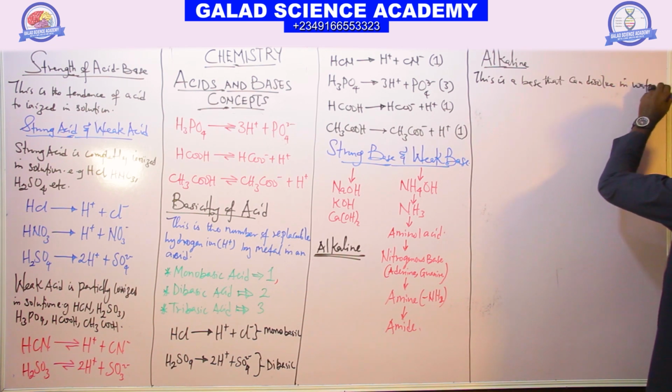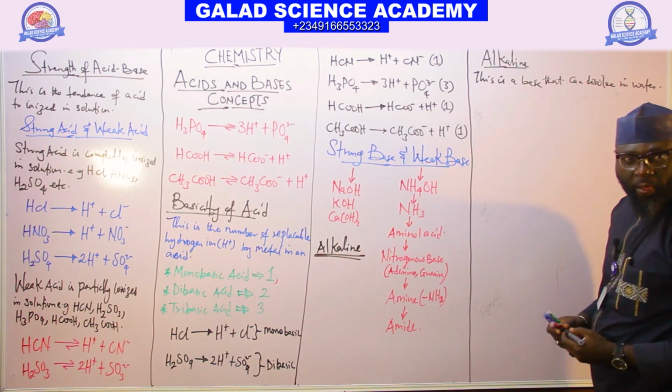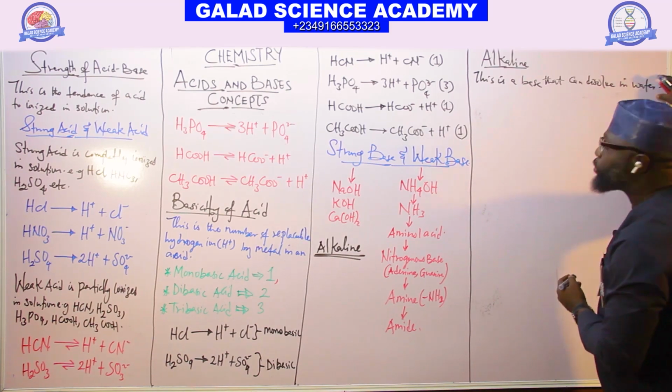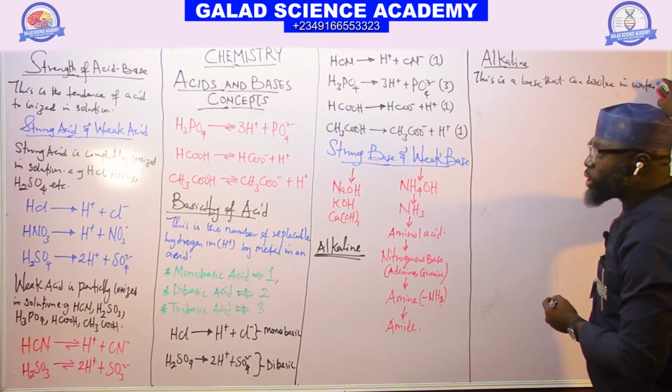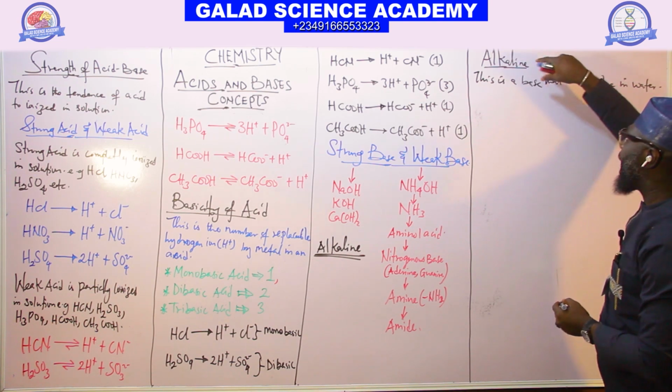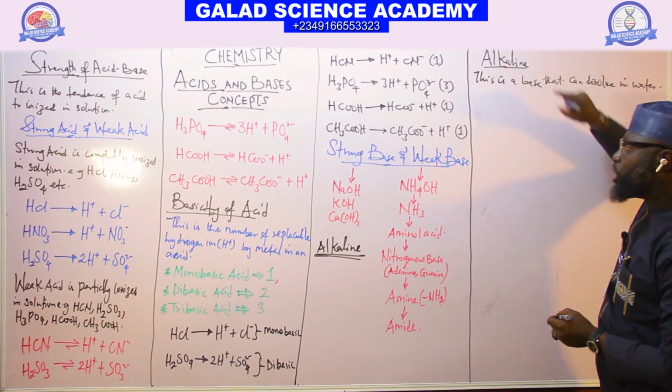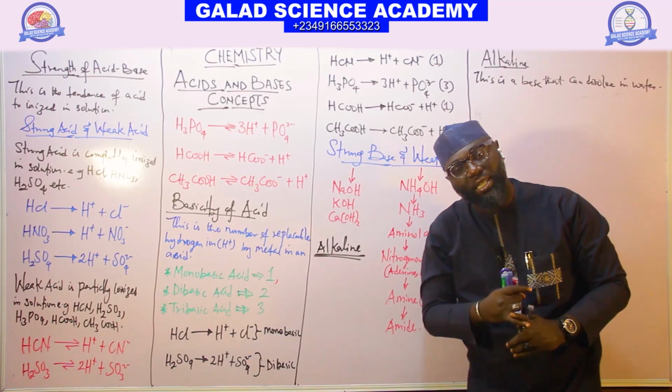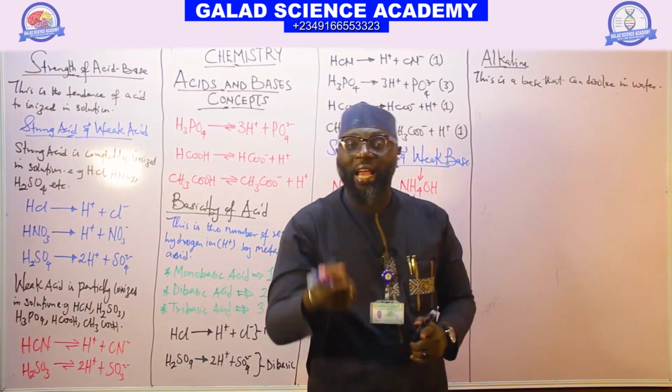All bases of group 1 and group 2 elements are alkalis. Group 1 elements are called alkali metals, and group 2 are called alkaline earth metals. Do you know the reason?